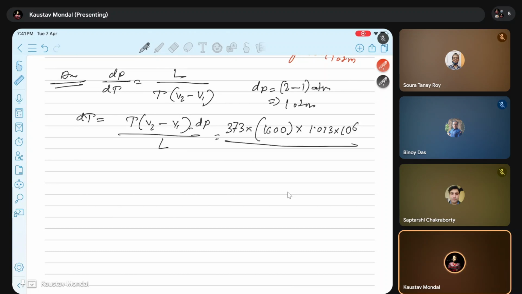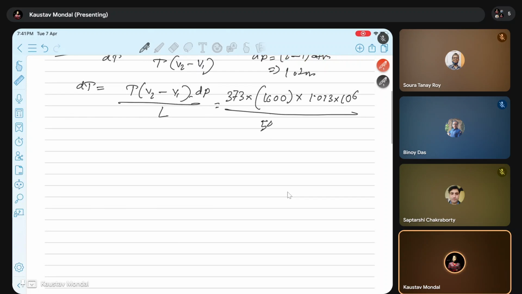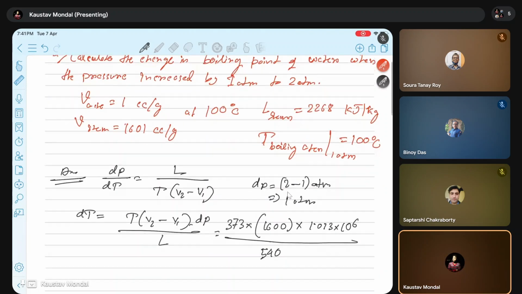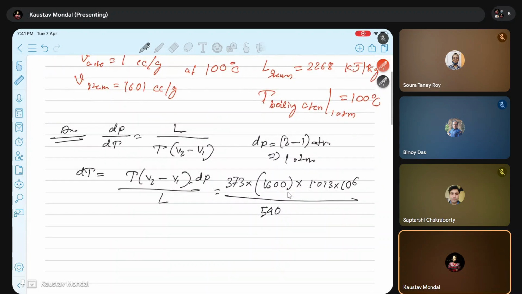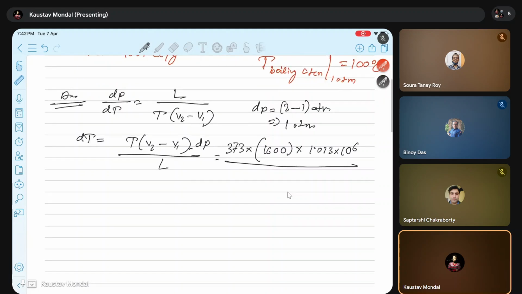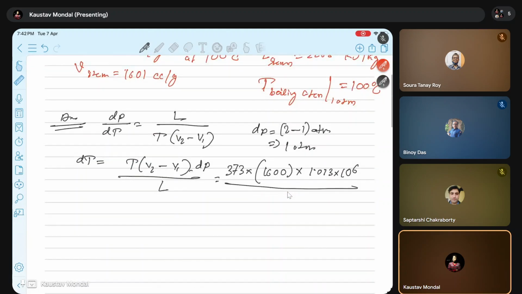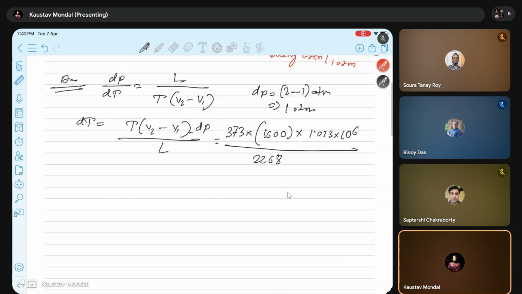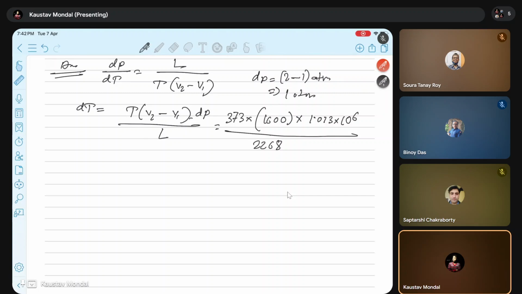Divided by the latent heat, that is 2268 kilojoule, so that means 10 to the power 3 is there.